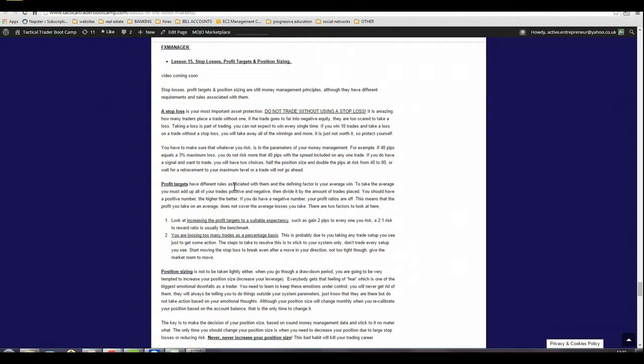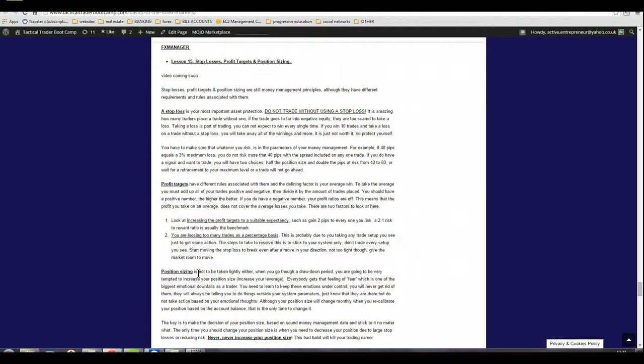But always place a stop loss. It's protecting your assets. It's the most important thing you should be doing. Use my money management spreadsheet to sort out your position sizing. Once you have your position sizes, stick to them religiously.